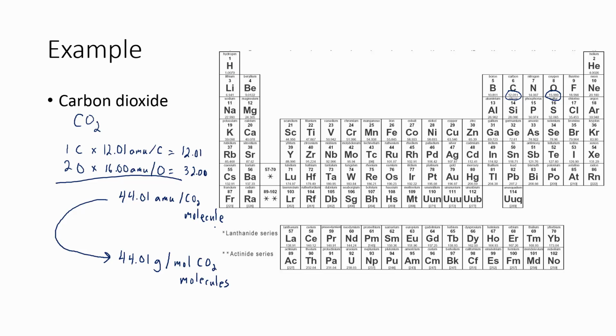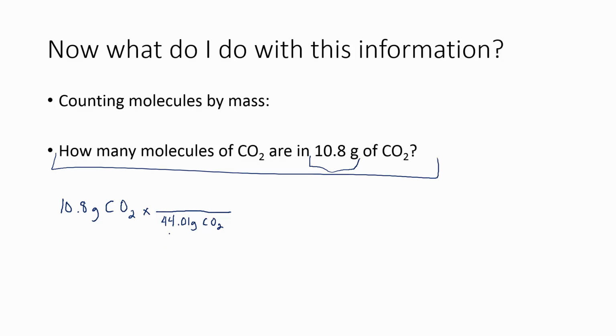Let's double check that. Yep, 44.01 grams for every 1 mole of carbon dioxide. All right, so now we'll know the number of moles of carbon dioxide. So 10.8 divided by 44.01. So we have 0.245, and we'll cut it off here, 4 moles of CO2. That's not the answer.